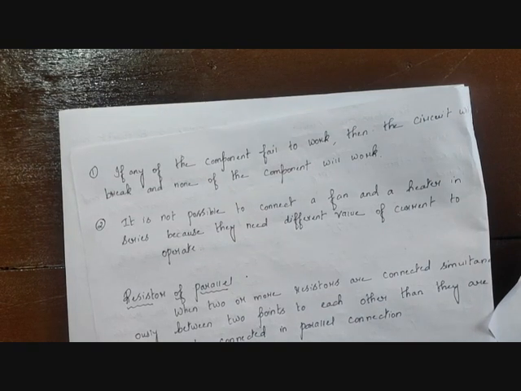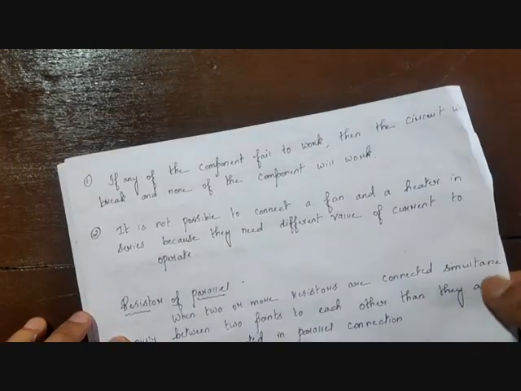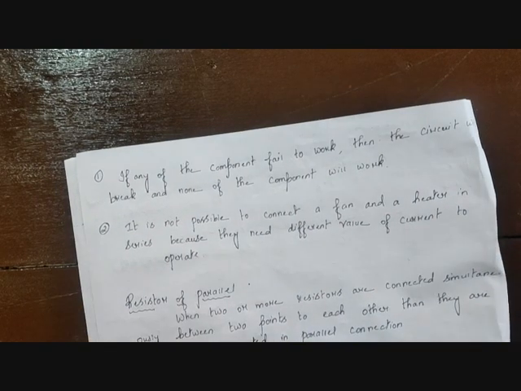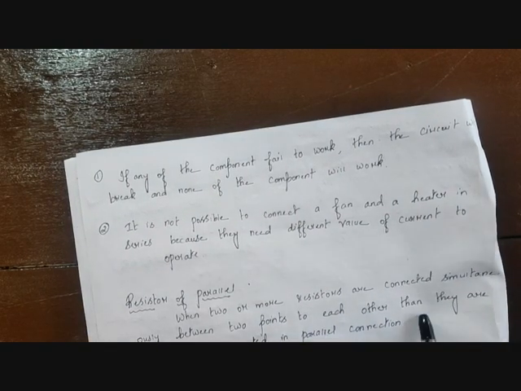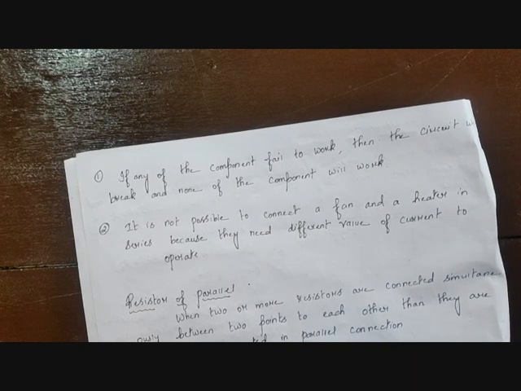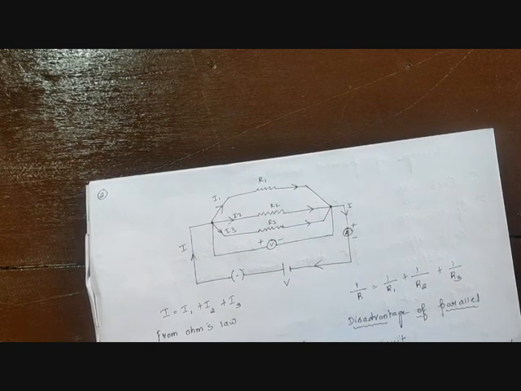Okay, next will be resistors in parallel. When two or more resistors are connected simultaneously between 2 points, then they are said to be in parallel connection, clear. See this figure, this is called a parallel connection.